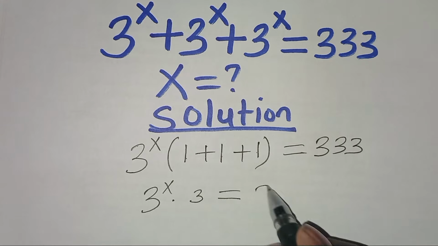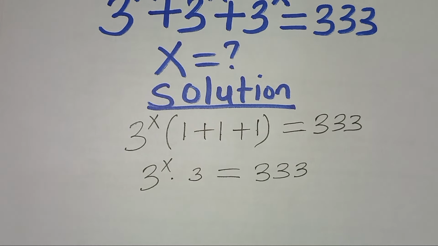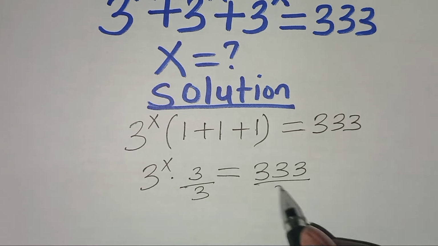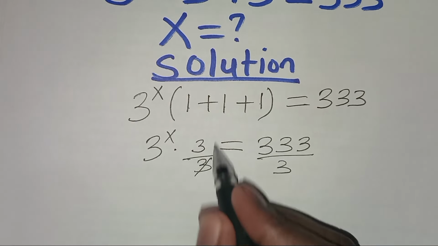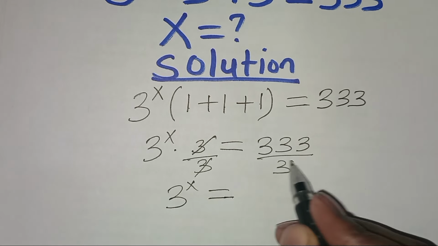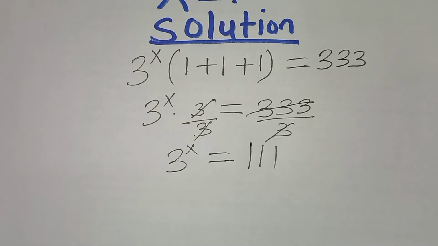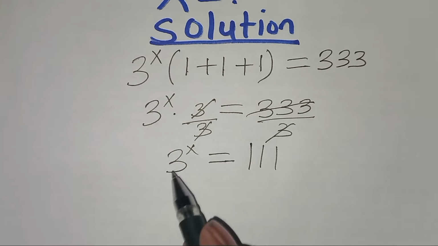So this is equal to 333. So let's divide both sides by 3, so that here we'll have 3 to power x equal to 111.